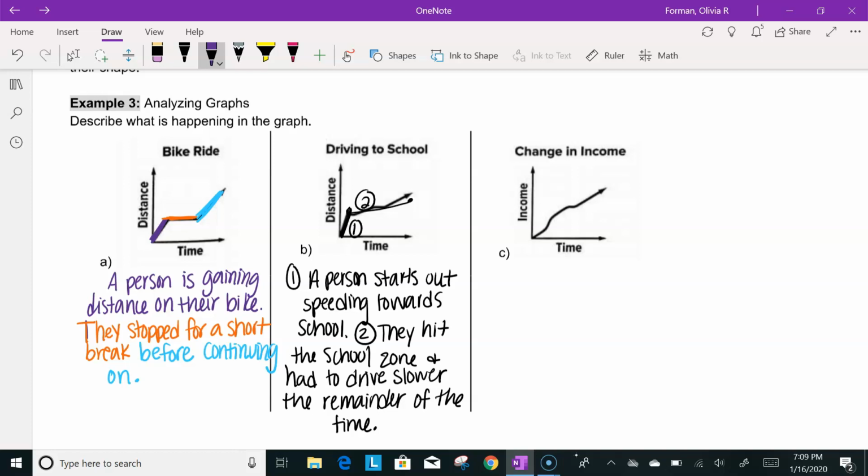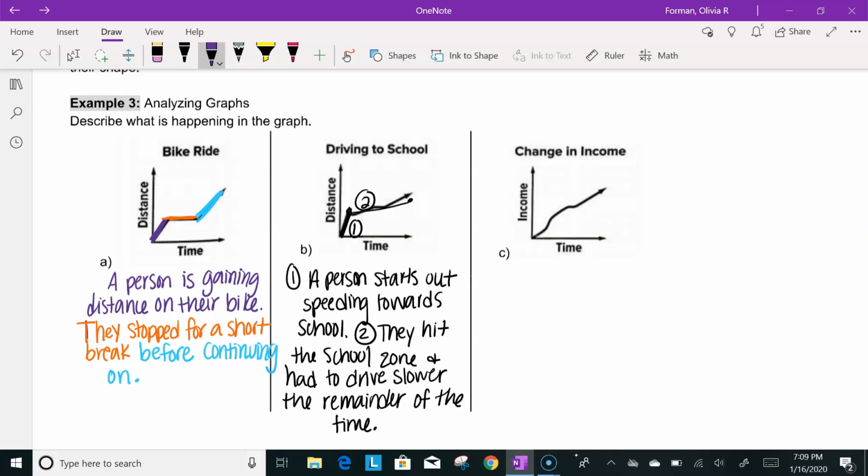Okay, our third one here. This one, again, is sort of just kind of weird. It says change in income over time. And you can see that it's pretty, I guess, steady. It hangs pretty steady in the same area. It kind of depends on if you want to interpret it as, is it like a total income that this person has earned in their lifetime?